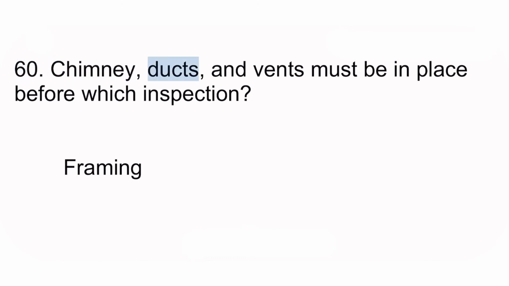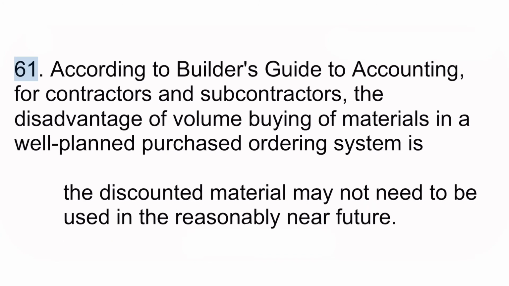60. Chimney, ducts, and vents must be in place before which inspection? Framing. 61. According to Builder's Guide to Accounting for Contractors and Subcontractors, the disadvantage of volume buying of materials in a well-planned purchase ordering system is the discounted material may not need to be used in the reasonably near future. 62.